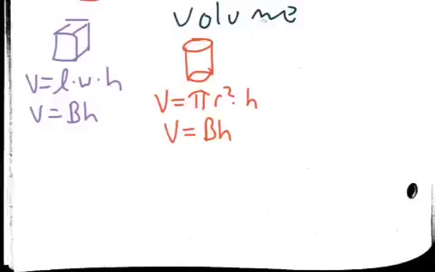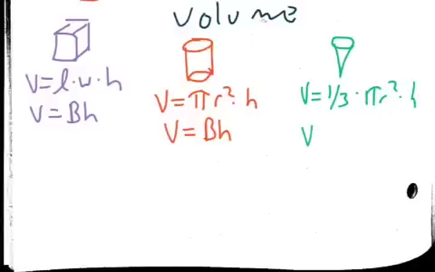And then finally our cone. Here, volume equals 1/3 times pi r squared times h, or volume equals 1/3 times base area times height.